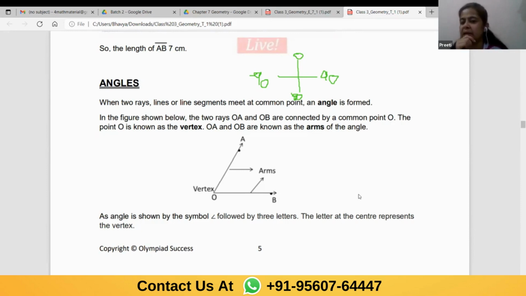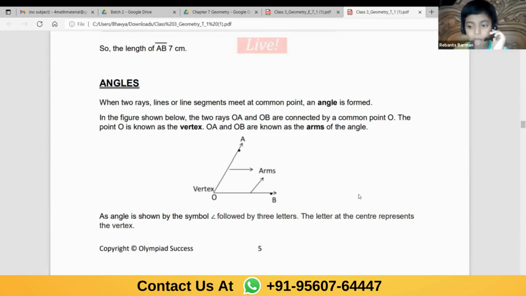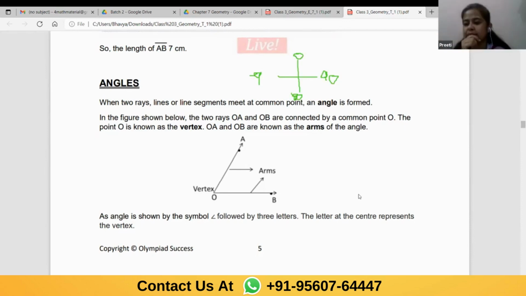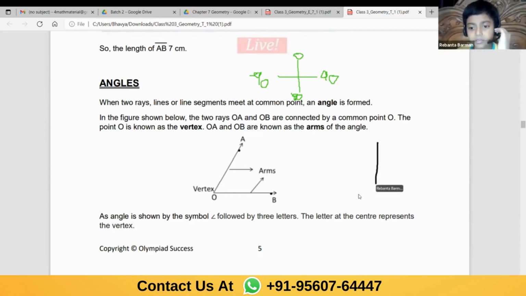In mathematics, we can say that angle as 70 degree. And once we complete the circle, the whole complete thing, we call it a 360 degree angle. Yes, Rebanta. I wanted to annotate and show you that the angle is correct.